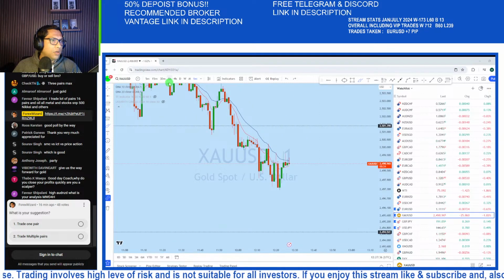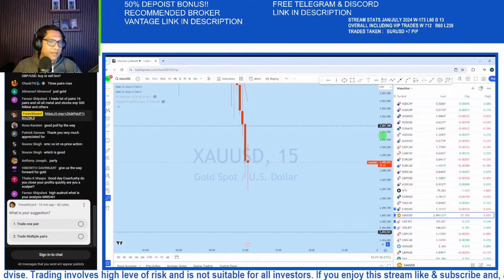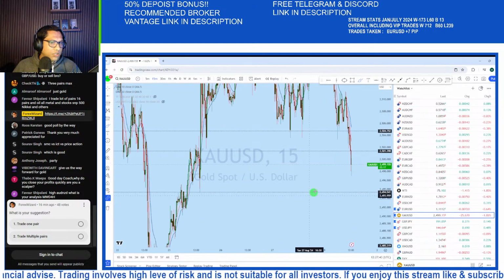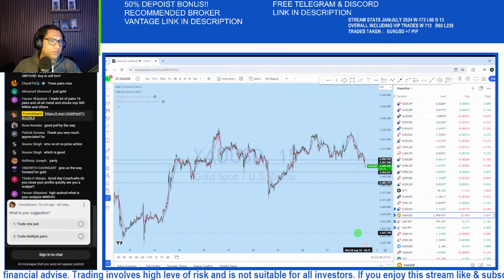Okay, on gold, we can see that the market is at a level nearing this liquidity zone.